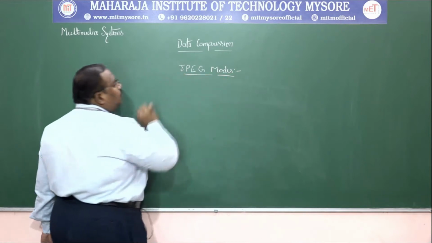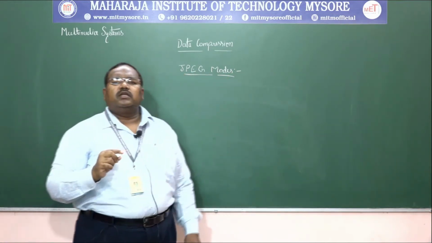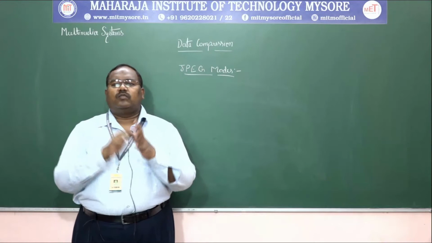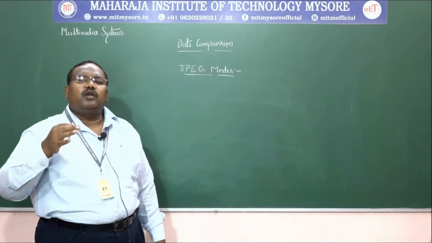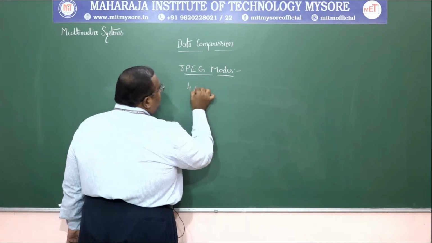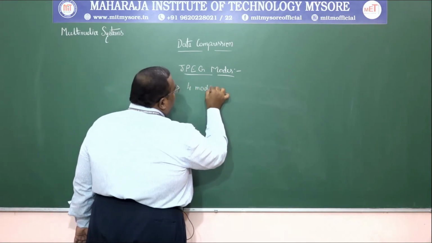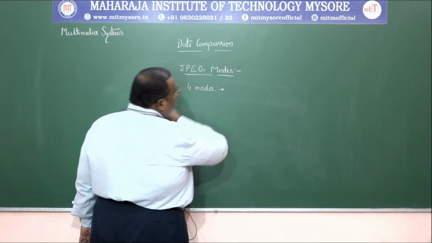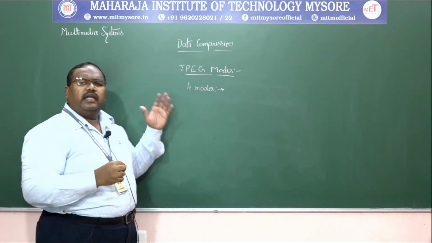Let us see the modes of JPEG. JPEG defines 4 modes. It includes additional variations also, but in the standard it has 4 modes mainly supported.